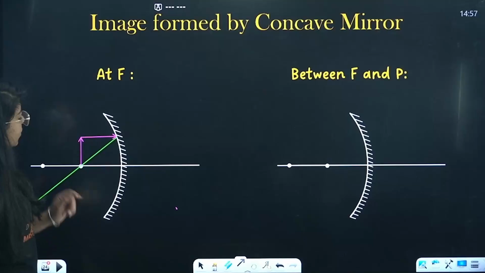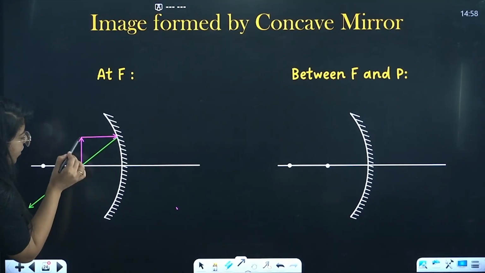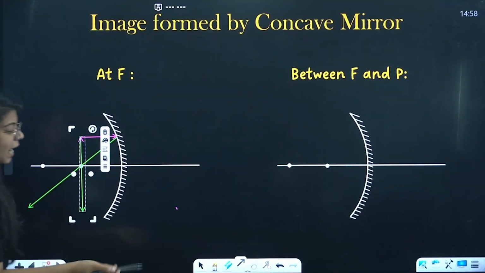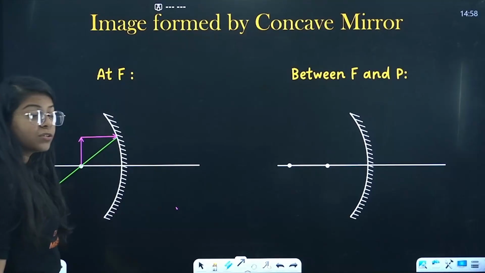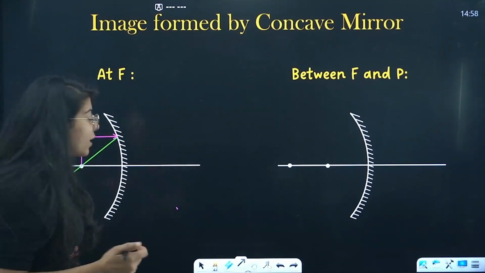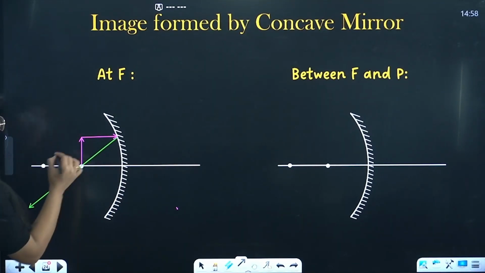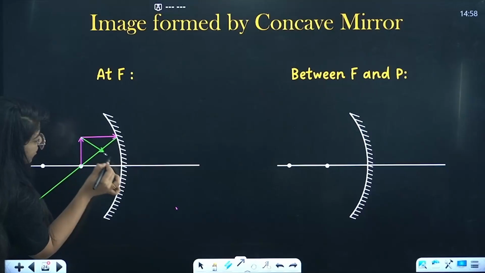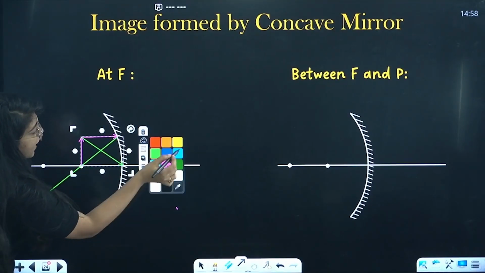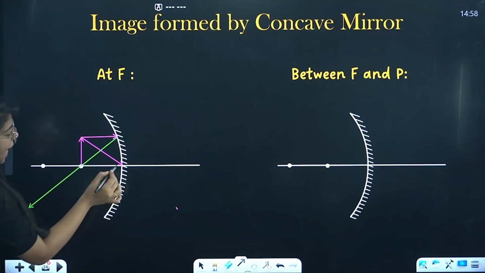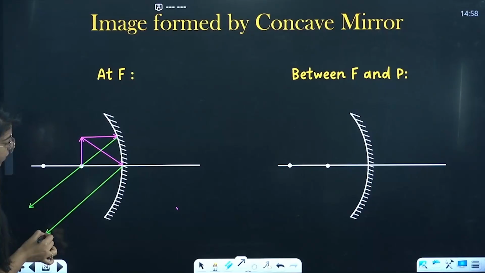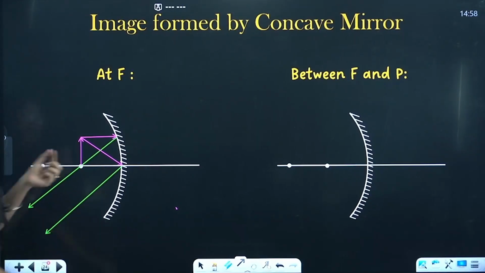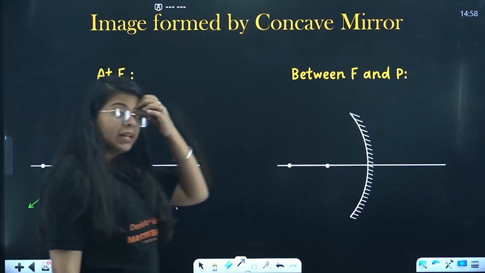Now there is one important thing. How will this ray pass from focus? It can't, right? So we have to use other 2 rules. You can use the rule that this ray passes from pole and comes back like this, and we know the incident angle and reflected angle are similar.